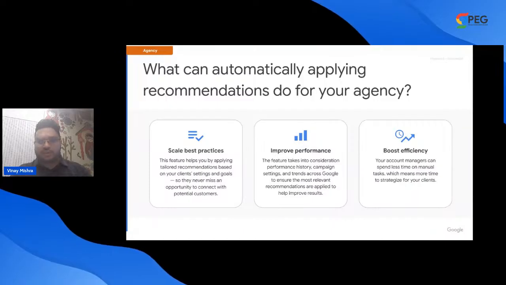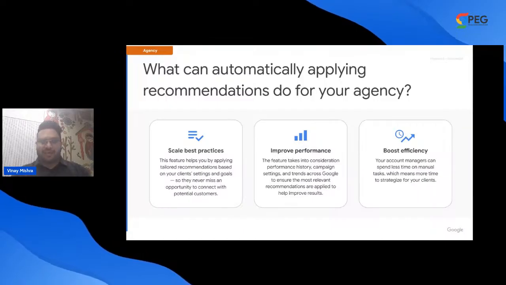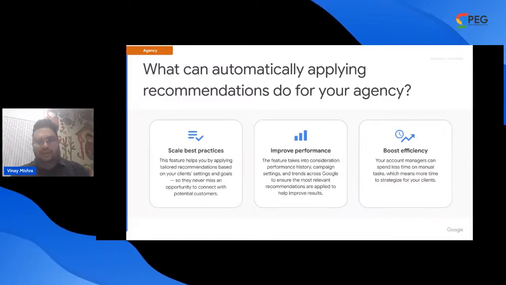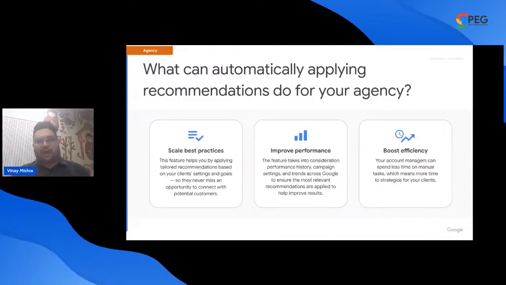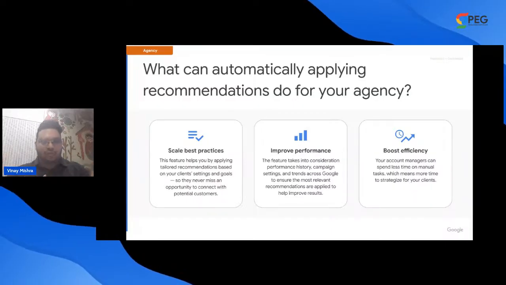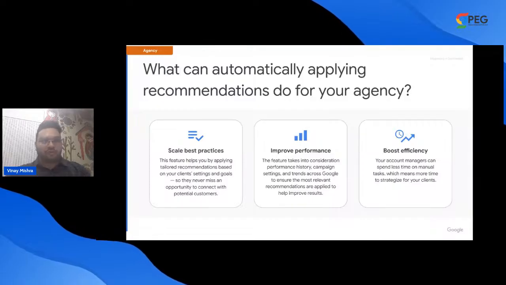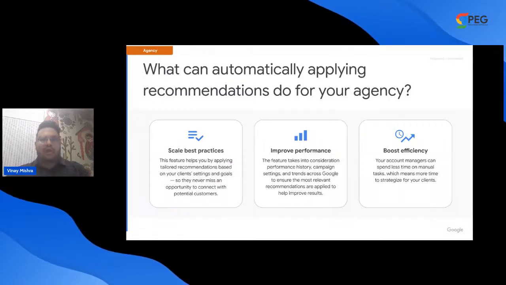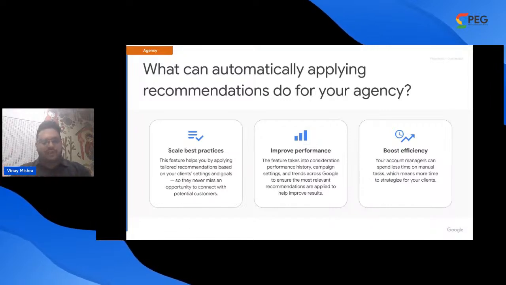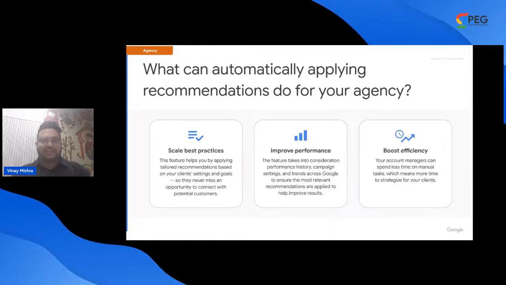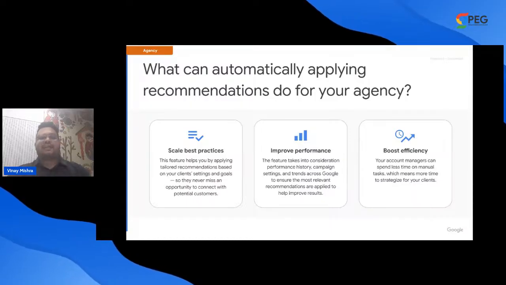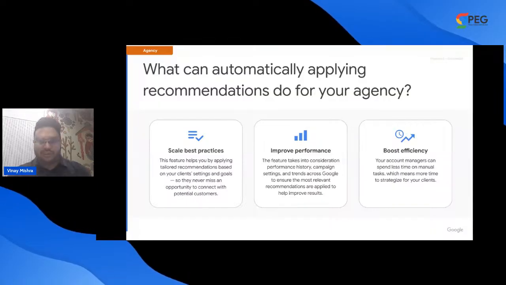Let's say your goal is conversions: the system is optimizing and reading your conversions based on the historical data that you've provided, and sees what is missing at this particular point in time. Let's say there are 10 accounts which are missing something, there is a scope of improvement here. Based on the historical data, the system says, hey, look, if you have a remarketing setup for this XYZ campaign, there is scope for improvement. That's how the system is able to analyze and guide you towards best practices, and at the same time help you improve performance as well.